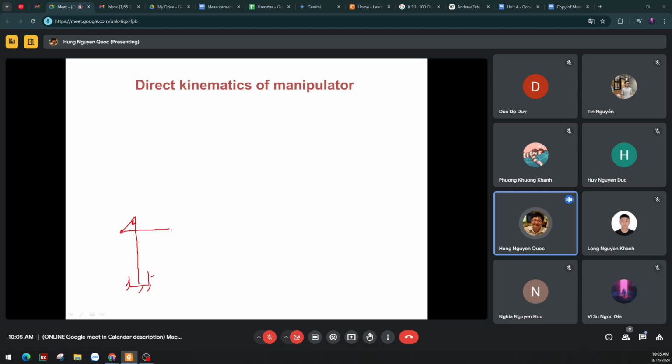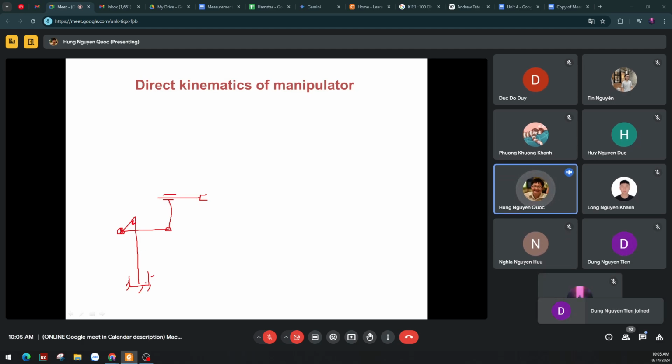This is the joint. I have this robot with joints. You understand what this robot is, right? So how many degrees of freedom does this robot have?